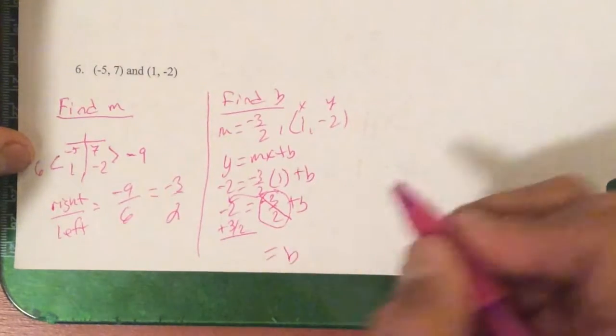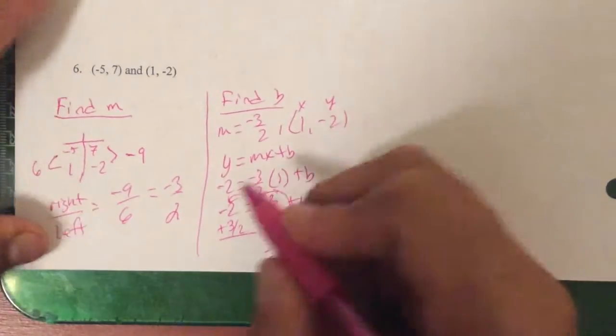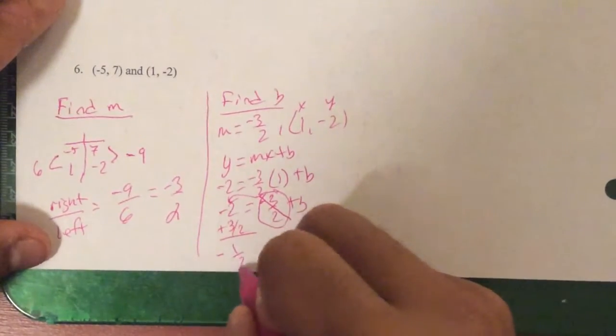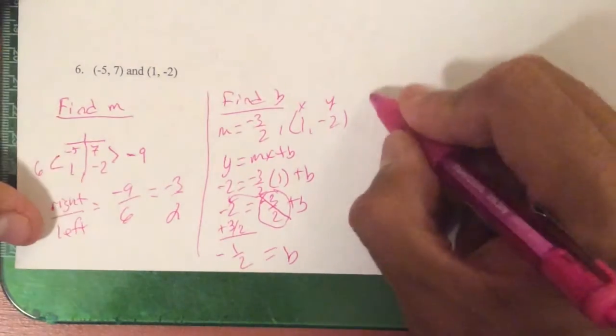So I'm left with B equals -2 plus 3/2. And I end up with -0.5, which is the same thing as -1/2. Okay? So you have the option of leaving it as a decimal, which is -0.5, or leaving it as a fraction. I prefer a fraction, so I'm just going to leave it as -1/2.